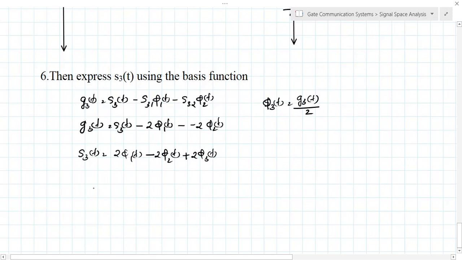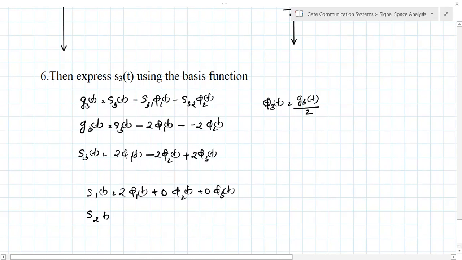So now we can conclude that the first signal S1 of t we can express. We already got it is 2 phi 1 of t. Definitely the other two terms will be 0: 0 phi 2 of t plus 0 phi 3 of t, from the first analysis.